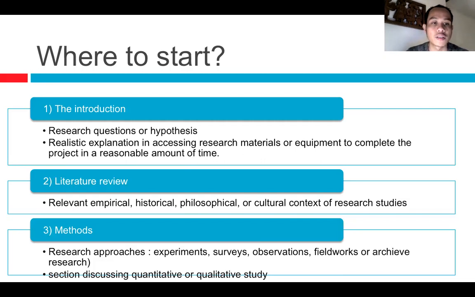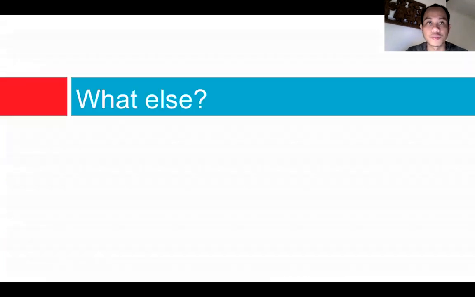And then a section discussing whether your study is quantitative or qualitative. So these three components must be there when you are starting to write your research proposal.